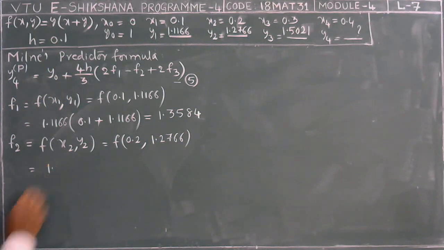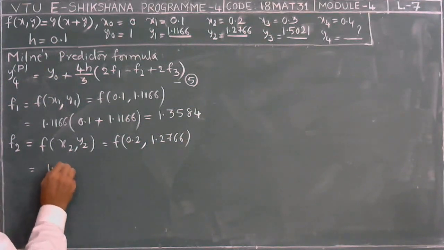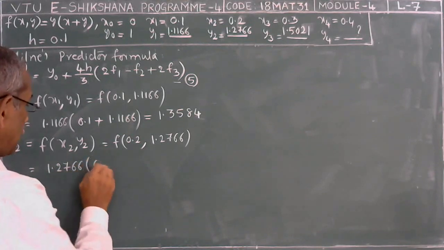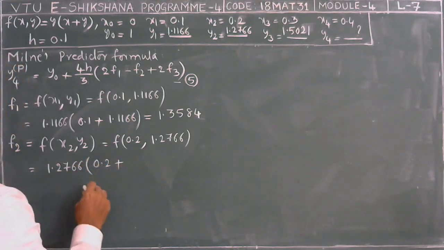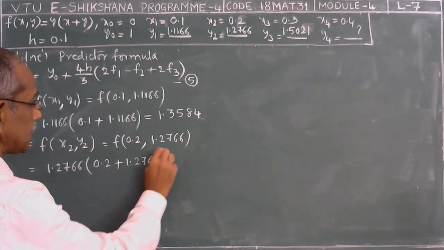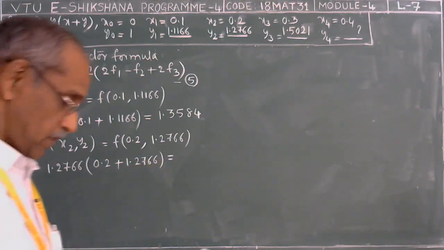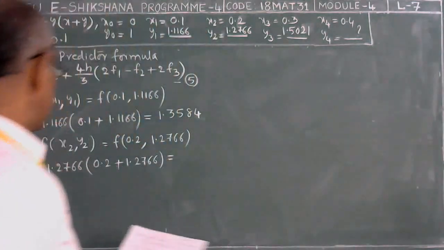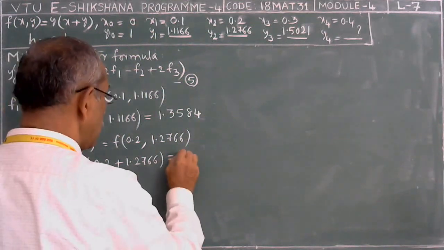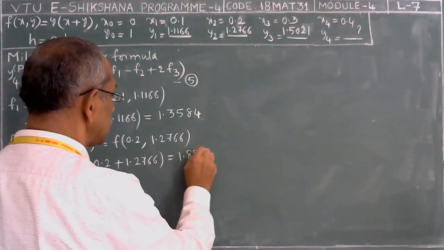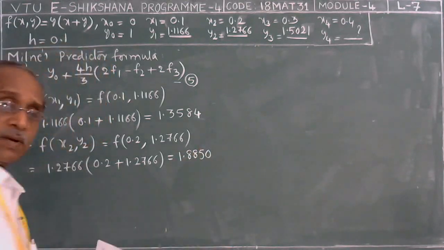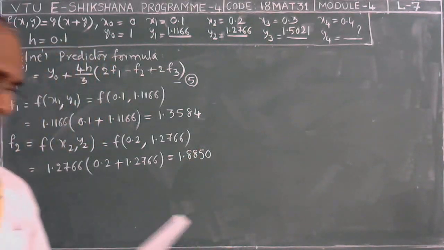This is y into (x plus y), 1.2766 into (0.2 plus 1.2766). If you carefully simplify and calculate, you get f2 equal to 1.8850, up to 4 places of decimals.